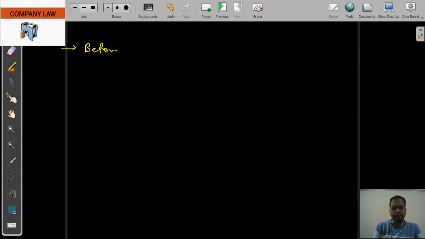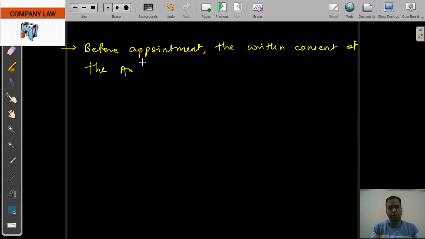Before appointment, the written consent of the auditor to such appointment is required. That is the mandatory condition.